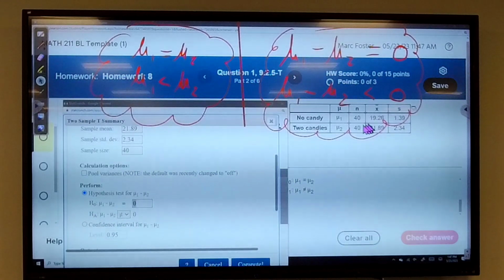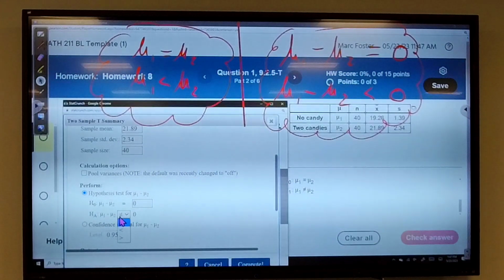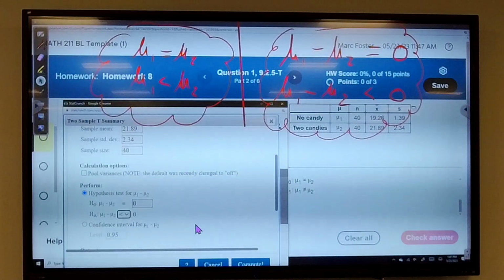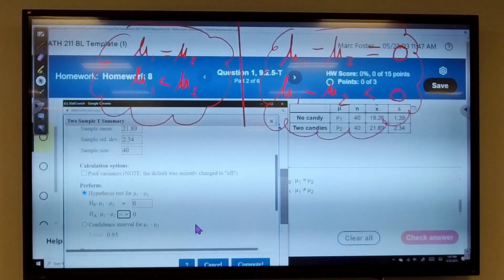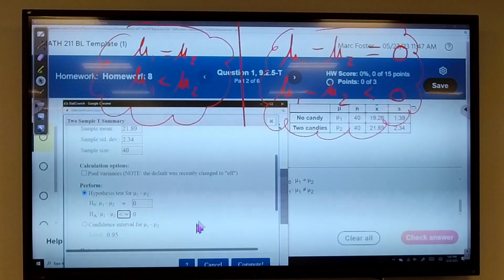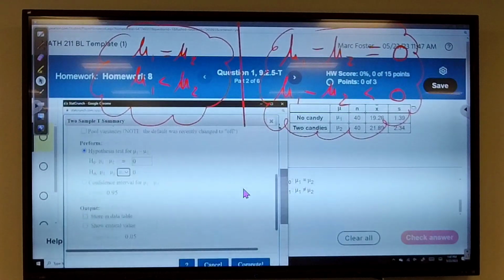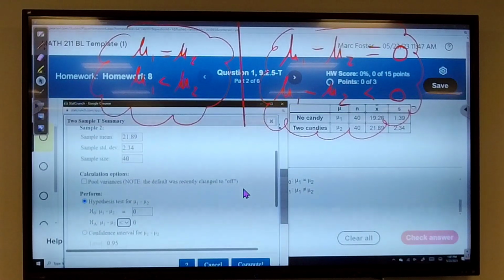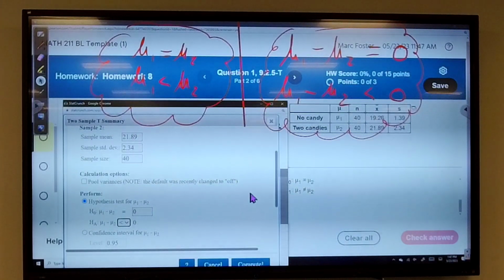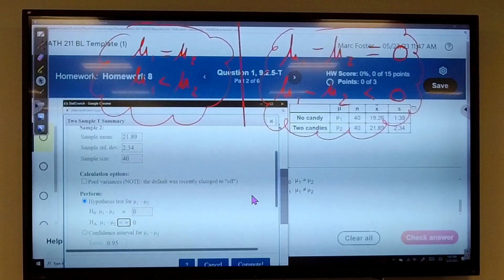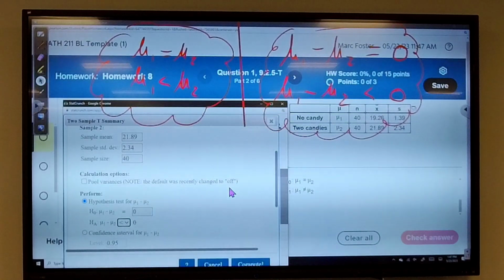So mu1 minus mu2 should be less than 0. And when I click compute, it's going to give me everything I need to finish the problem. Well, everything I need to finish part A.